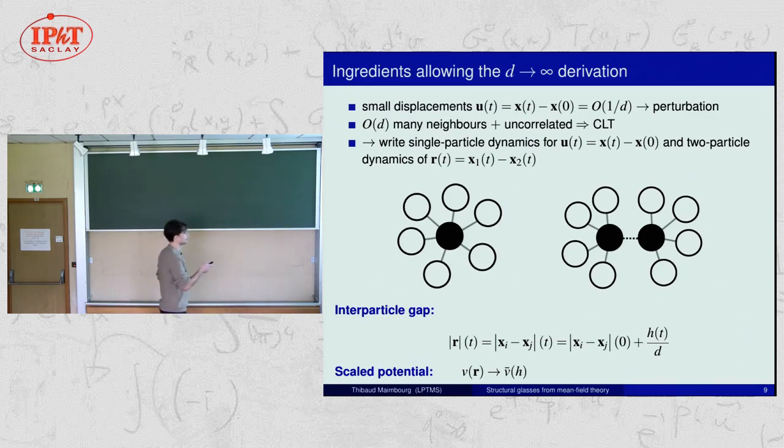This means the displacements of your particles are very small, typically fluctuating of order 1/d, and you can treat them as a perturbation in the equations. The other ingredient is that, in the large dimensional limit, you have order d neighbors, a very large number of them, and as I said in the introduction, they are basically uncorrelated. So you can use the central limit theorem to simplify the dynamics.